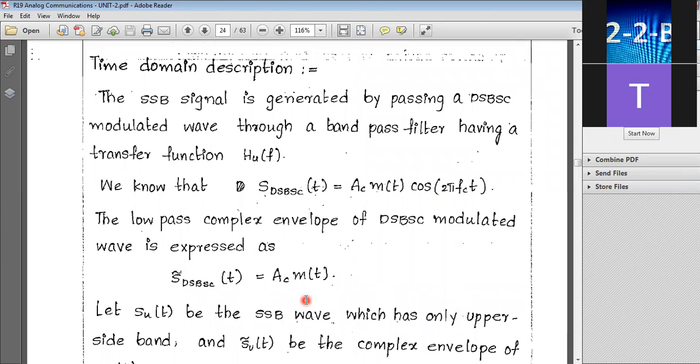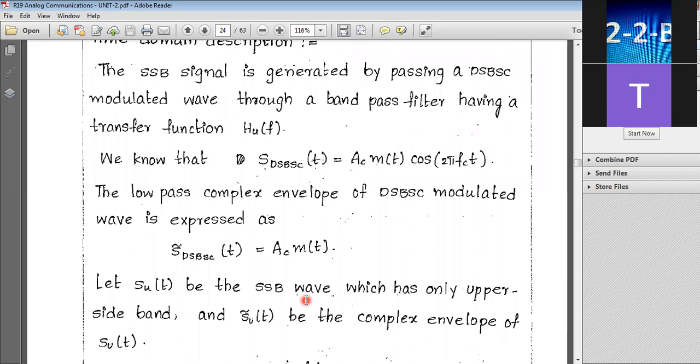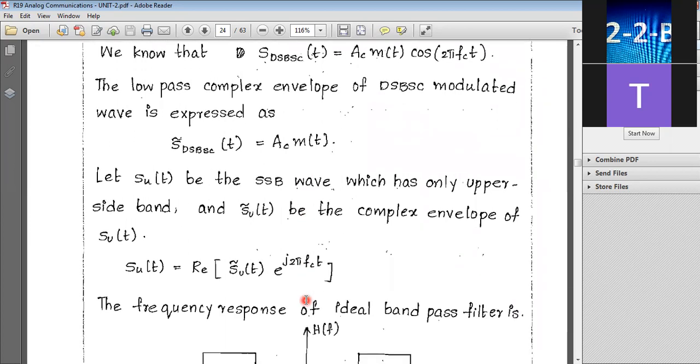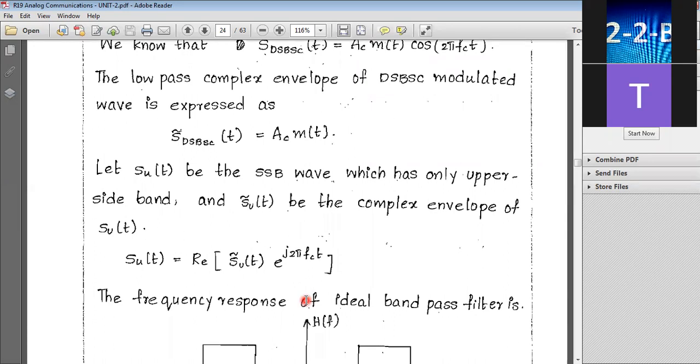Now let us note down each and every step. Now let us consider our SSB wave, the SSB signal, which can be mentioned with Su of t. So you must observe the difference. If it is DSB-SC, we mention it as DSB-SC.